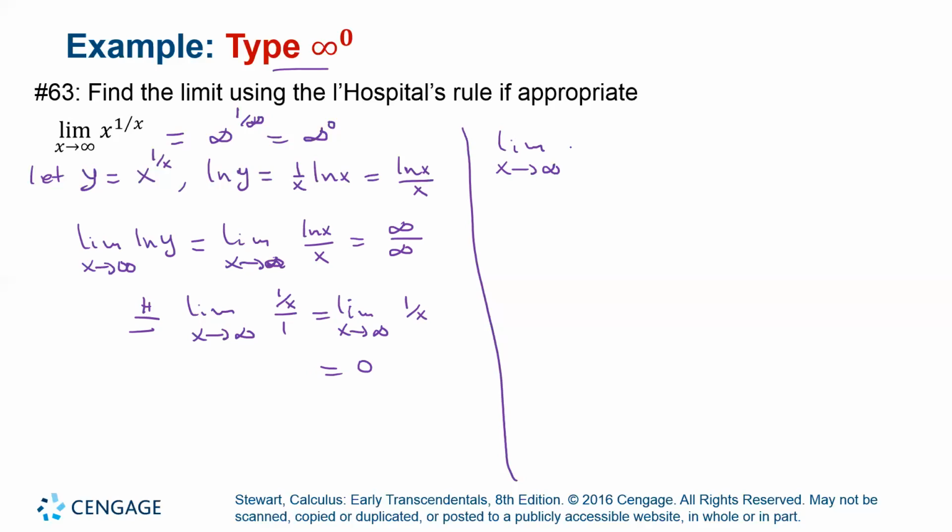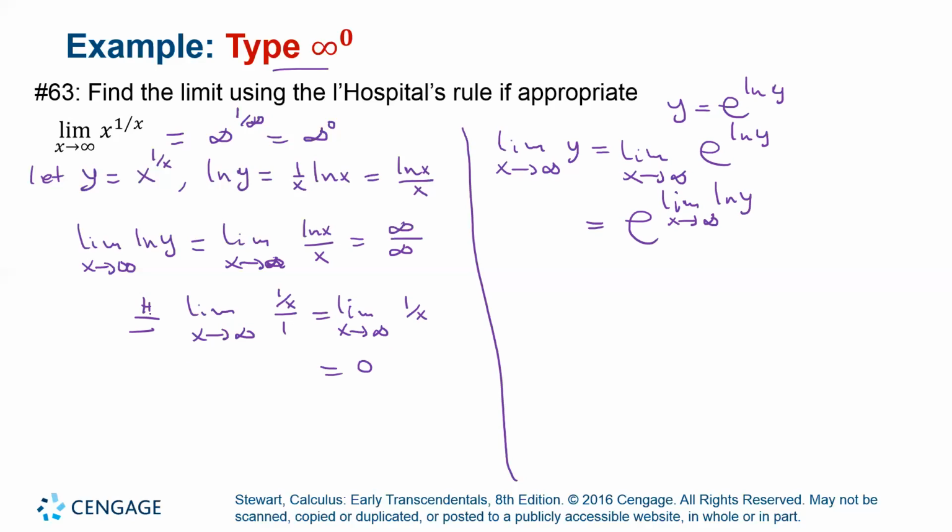So like we did before, originally we are finding the limit as x goes to infinity of y, and remember, y is the same as e raised to the natural log of y. So this is the same as the limit as x goes to infinity of e raised to natural log of y, which is the same as e raised to the limit as x goes to infinity of the natural log of y.